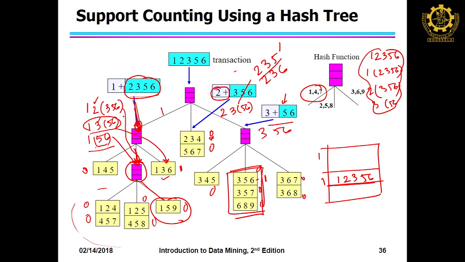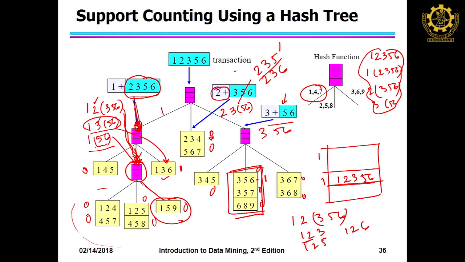Now, you have to search this part, 1 2 3 5 6. 1 2 is already fixed, then 3 5 6. Where will it go? 1 2 is already there, so you can make the combinations 1 2 3, 1 2 5 and 1 2 6.